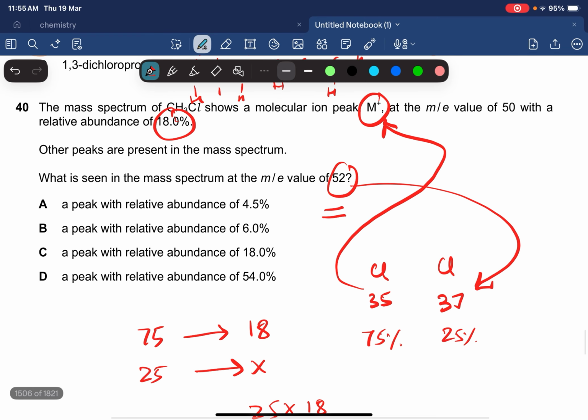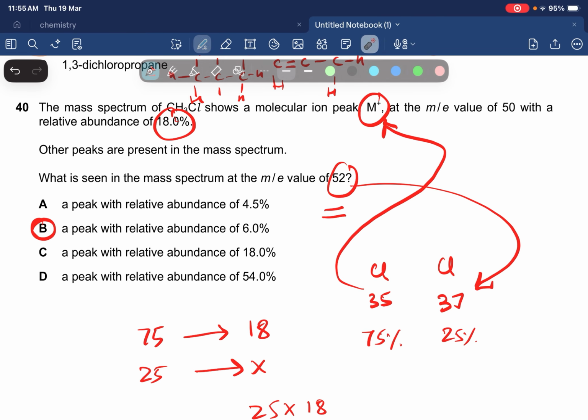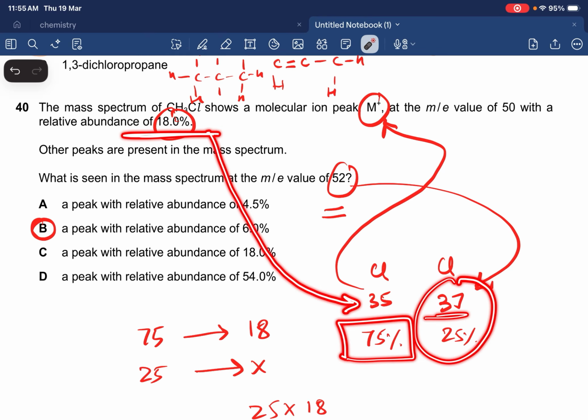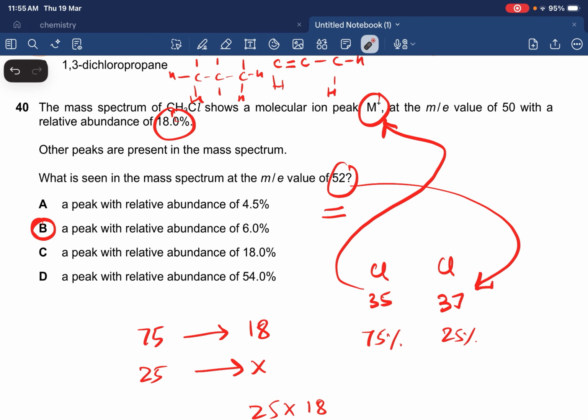So I'm going to get a peak at the abundance of 6, because that is because of the chlorine 37. Keep in mind that 18% was because of chlorine 35, which is in 75% abundance, and the 6 is because of chlorine 37, which is in 25% abundance. Got it? That's how you do it.